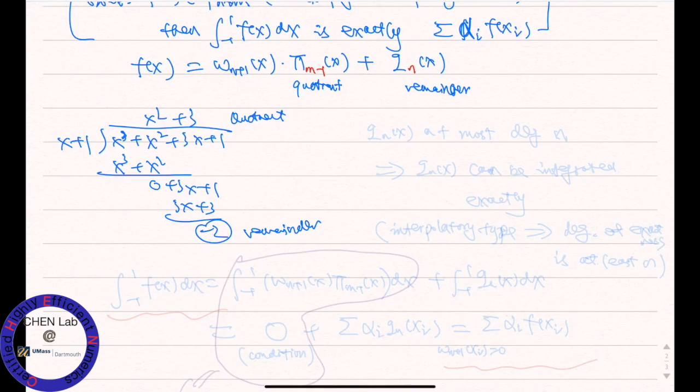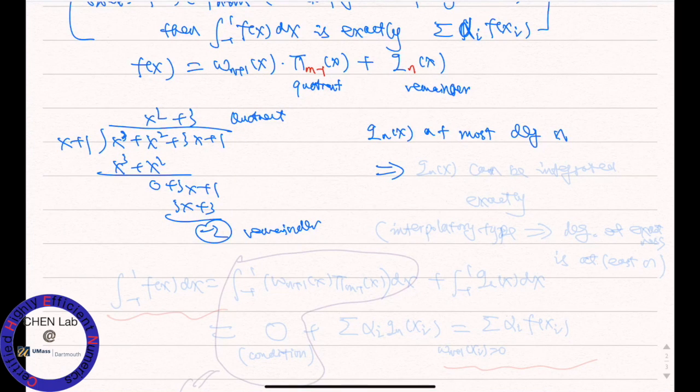So the qn of x is at most degree n, which means I use n plus 1 points to do a degree n interpolation, numerical integration.